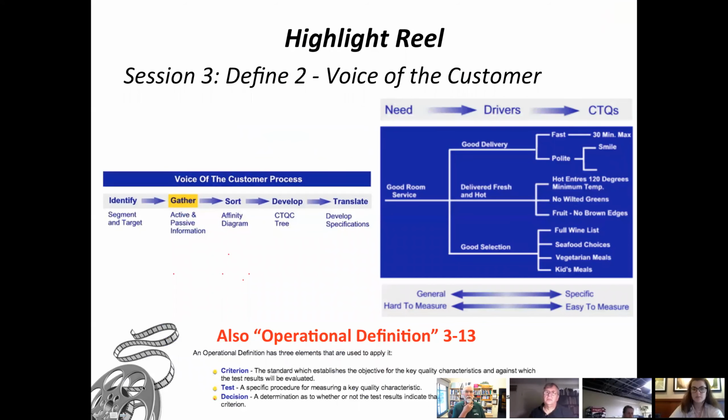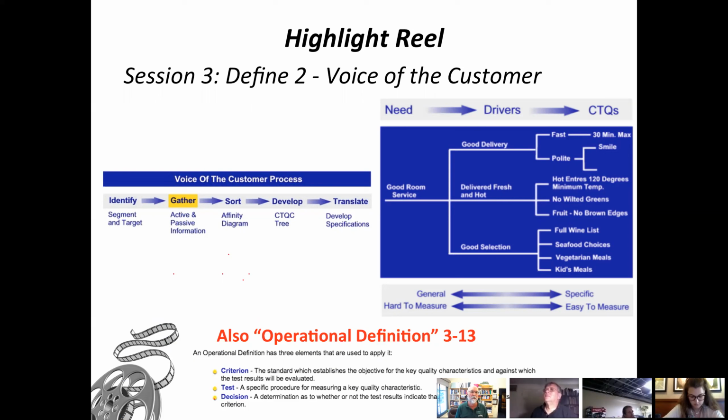So just a few highlights from the online stuff. In Define, one of the things we're really after is the voice of the customer. In that Stu Leonard movie, you saw how important we think the customer is in a lean organization, that place of preeminence. As in everything in lean and certainly in MoreSteam, we're looking at things as a process.